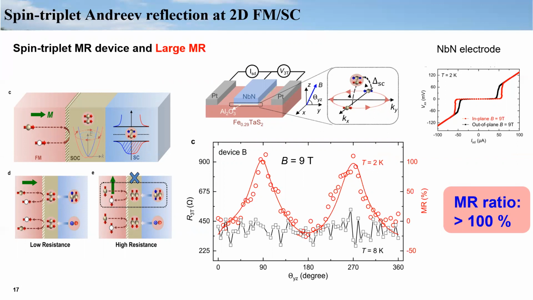So we can use the external magnetic field to control the magnetization of the ferromagnetic material. This controls the spin polarization direction, whether it's perpendicular or parallel to the interface.